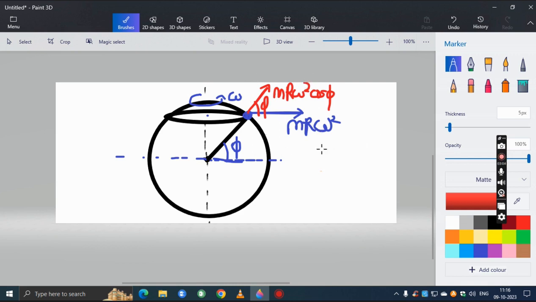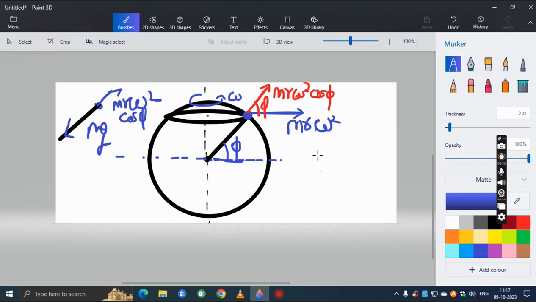And this r is not the radius of the Earth, it is small r, the radius of that circle that I asked you to remember. So we have mg, and this is the component of the centrifugal force, that is m r omega square cos phi.